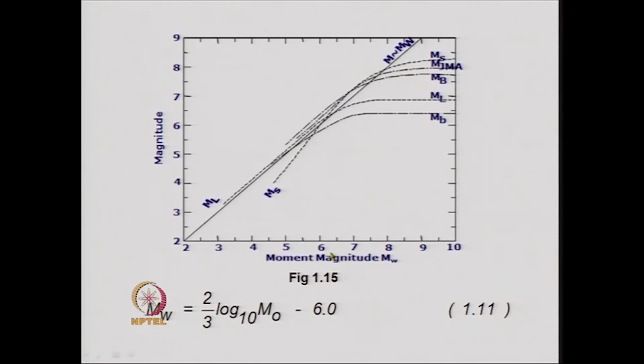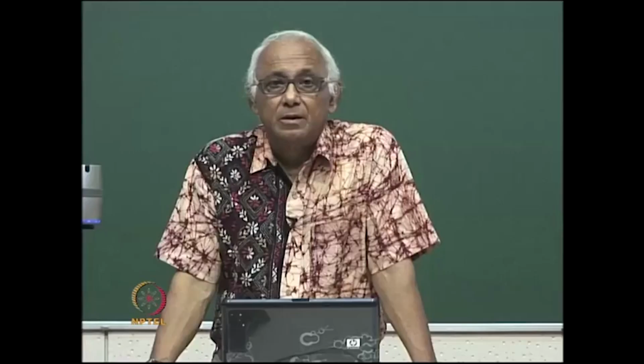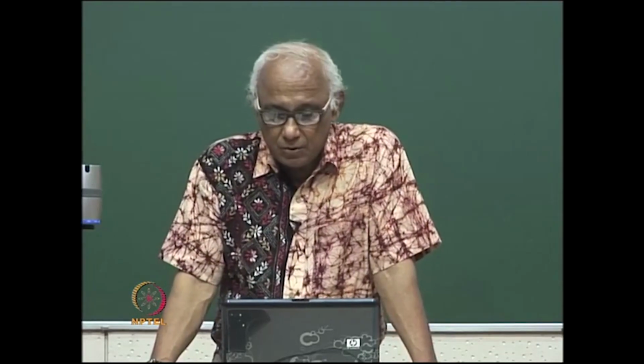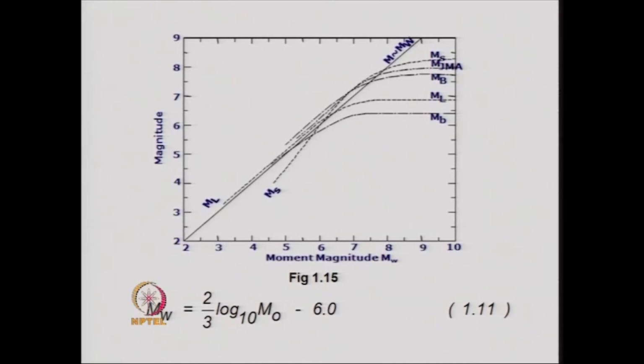This figure shows the relationship between different types of magnitudes that I have described with the moment magnitude MW. One can see that up to a moment magnitude of 6, the magnitude which is defined as body magnitude, surface magnitude, local magnitude, they are all the same as MW.